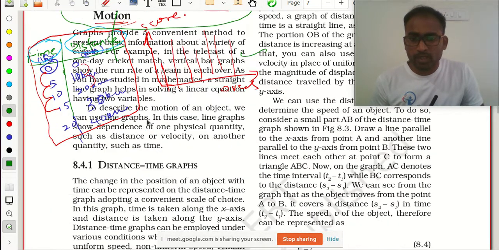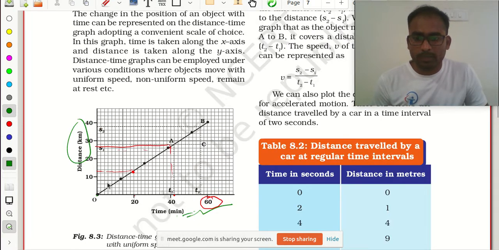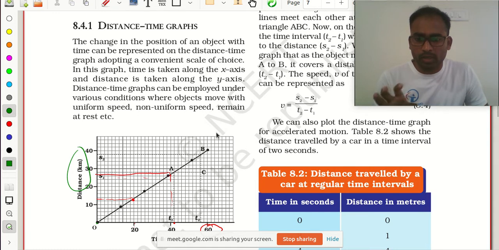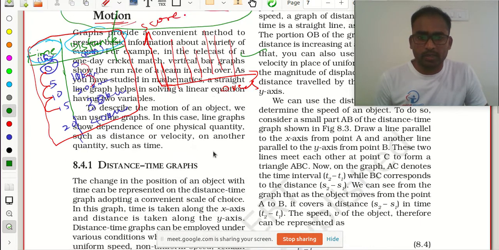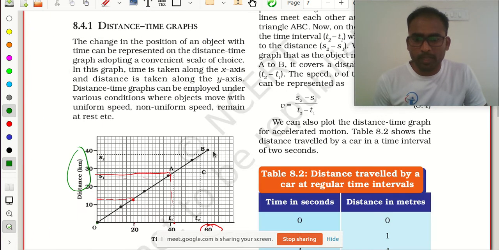So by seeing this graph, this O is there, and this reference point O and B. OB is our distance covered graph. So our graph is following the OB. And the portion of OB represents what?